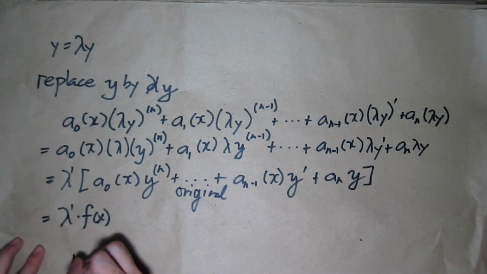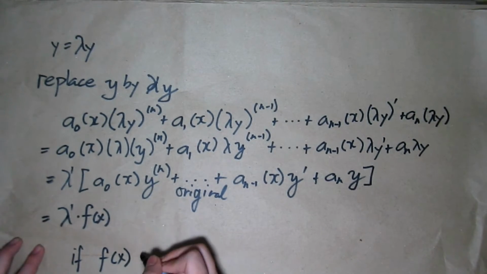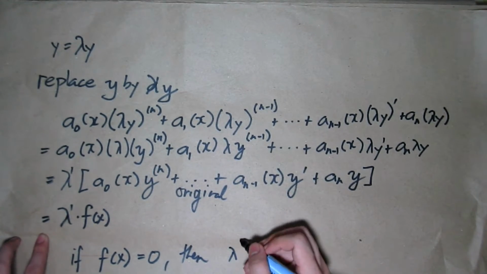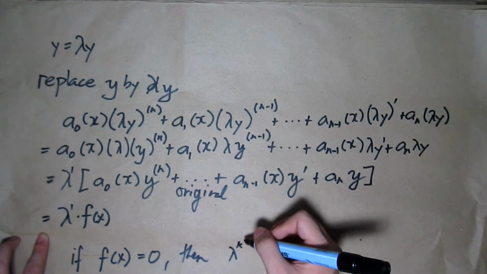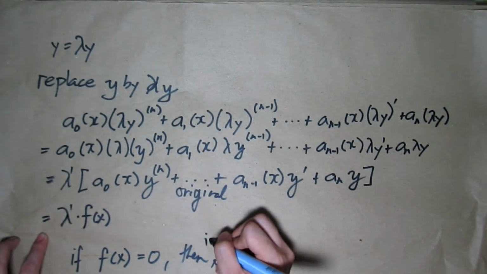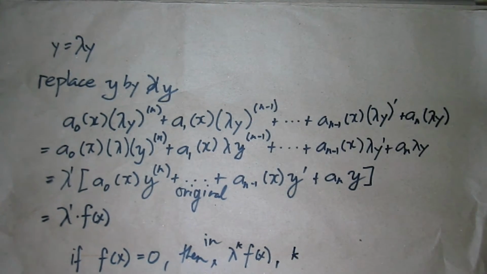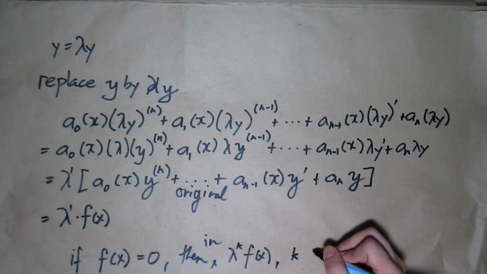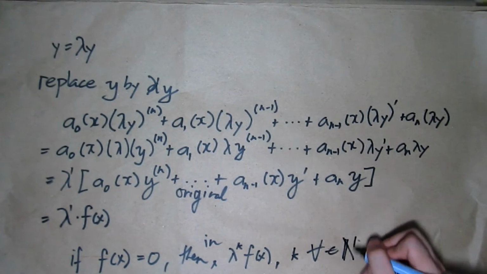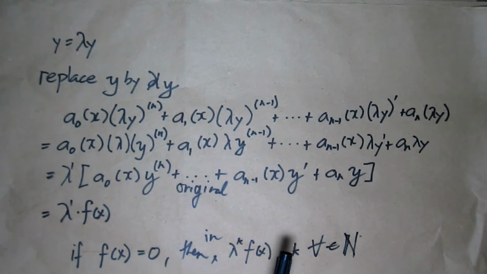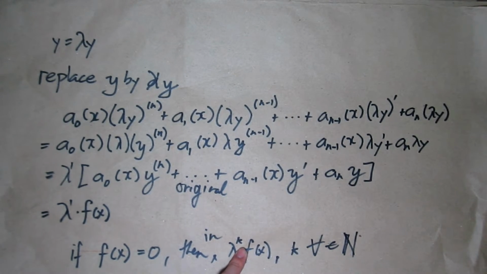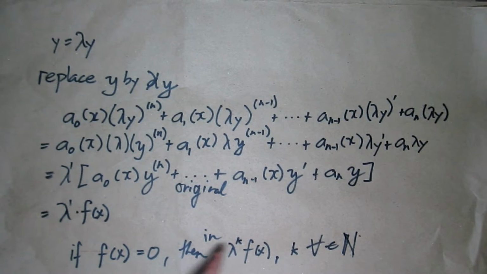Because if f of x is equal to 0, then in lambda raised to the power of k times f of x, k would be anything really, because no matter what I input to that exponent of lambda there, it will just become 0, because f of x is 0.